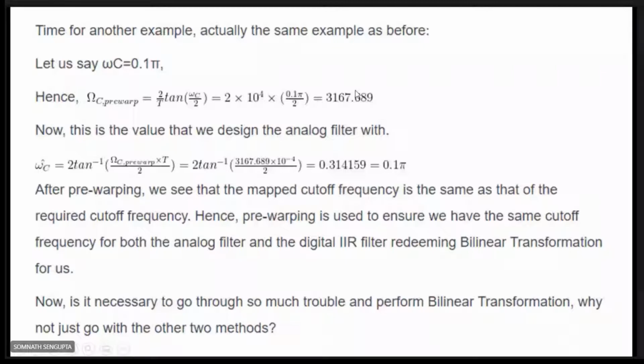Now this is the value that we design the analog filter with. So omega c is now 2 tan inverse of omega c pre-warp into T. So you see that tan inverse and tan both will cancel out. Tan inverse of tan will cancel out. So that is the main concept. So it is 0.15. So this is the pre-warping effect.